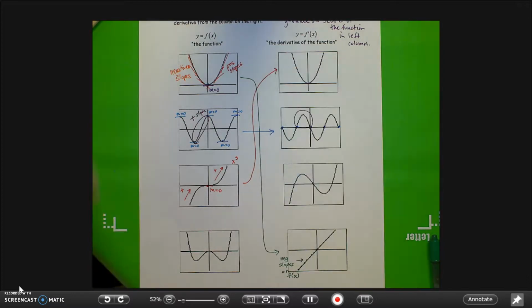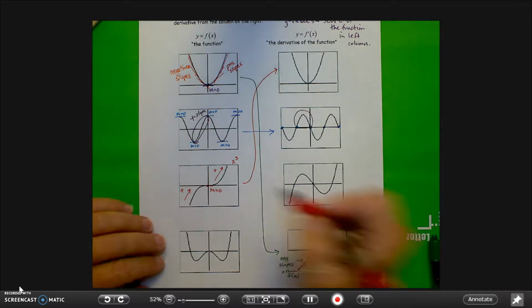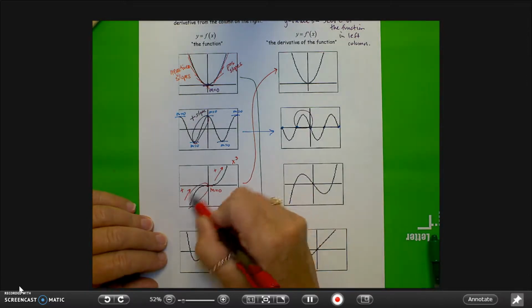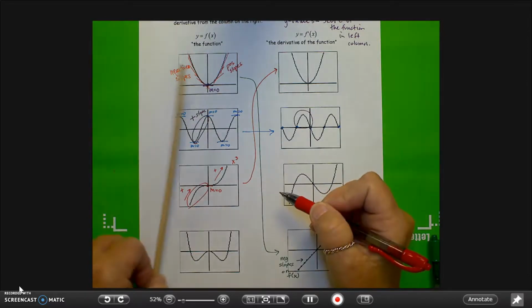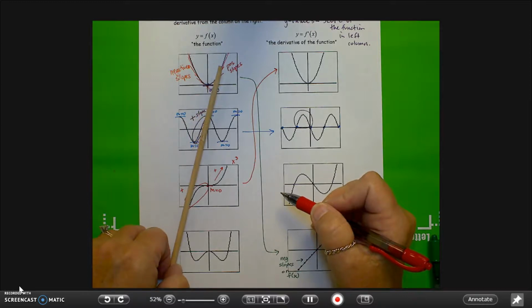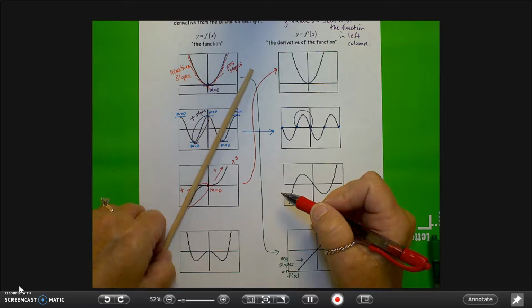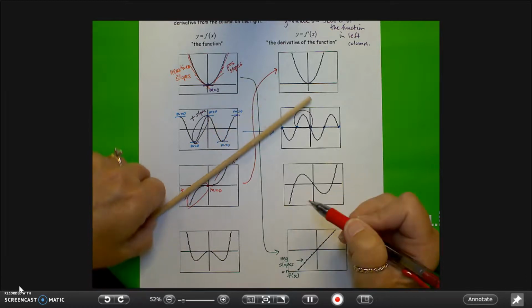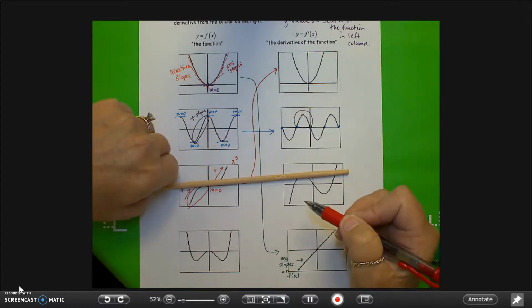And I'm going to also look at a little more detail just to convince myself that that's true. If I look from here to here and evaluate what's happening with the slopes, I start out with a relatively steep slope, a large positive number, and then the positive numbers get smaller and smaller until they become 0.